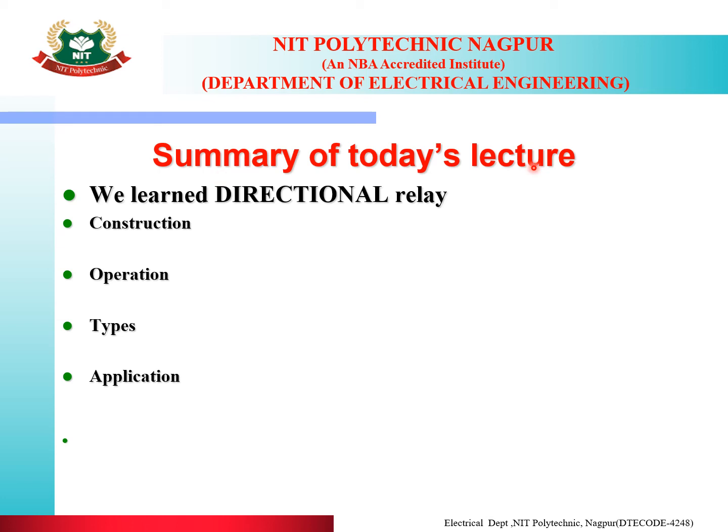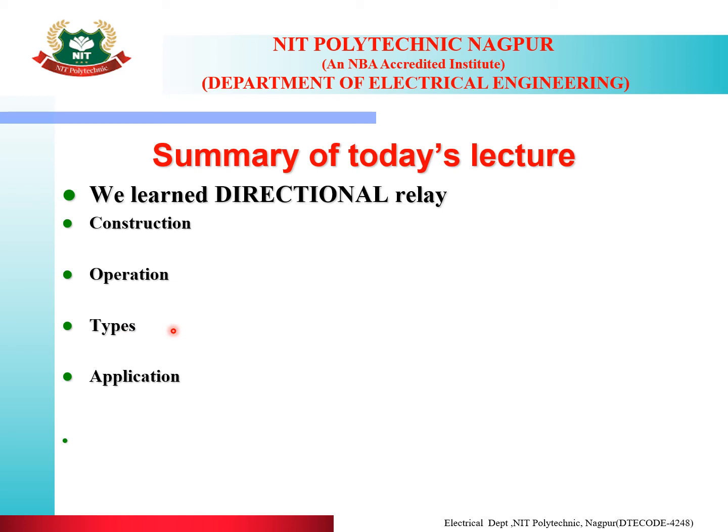In the summary of today's lecture, we learned the directional relay construction, that is the watt-hour meter structure, where the upper magnet and lower magnet are supplied with the help of the potential transformer and the current transformer. The operation of the relay depends upon the voltage and the current flowing in the source in a particular direction.